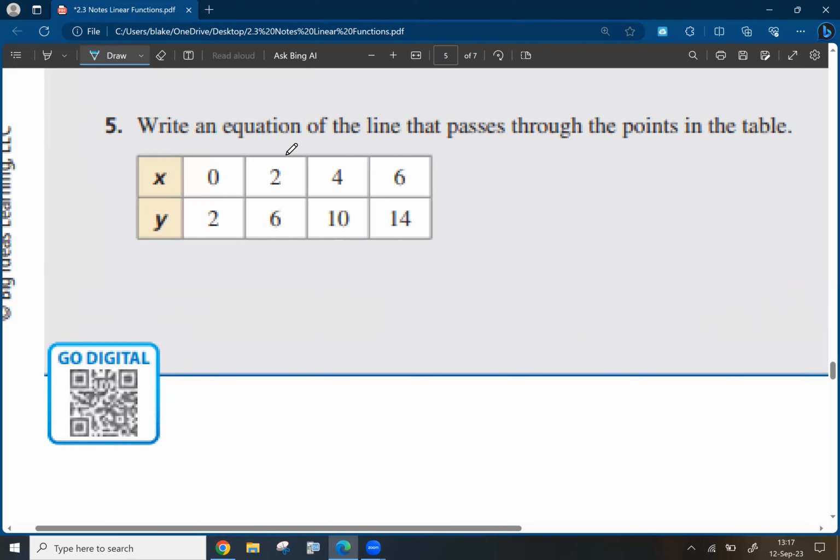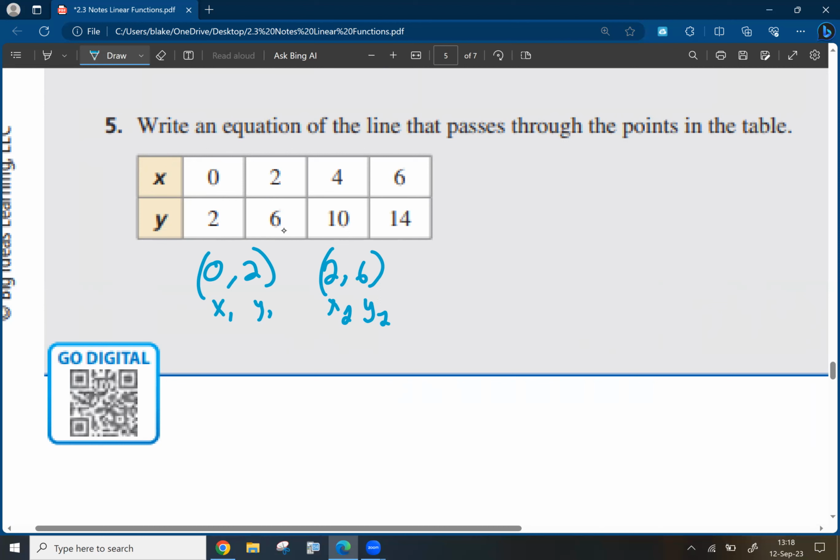I can take any 2 points here: (0, 2), (2, 6), (4, 10), (6, 14). Any of these 2 points. I'm going to pick the 2 smallest numbered ones, (0, 2) and (2, 6). And I'm going to use my slope formula with x1, y1, x2, y2.